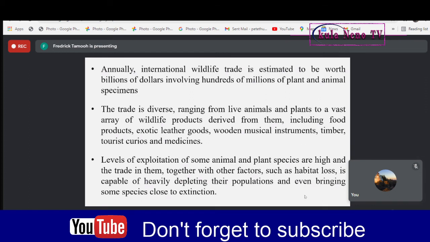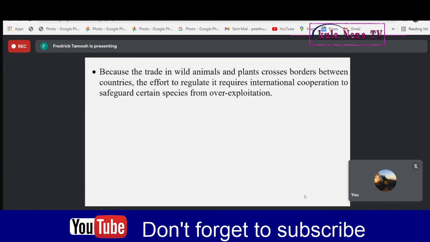And therefore, if we do not control how that is done, we are likely to lose them. Because the trade in these animals and plants is across borders, there is need to regulate it, and it requires international cooperation among states to safeguard certain species from getting exploited.